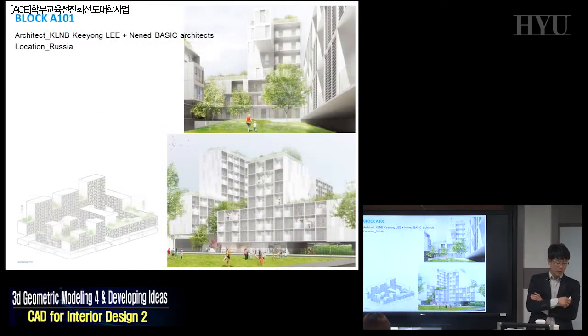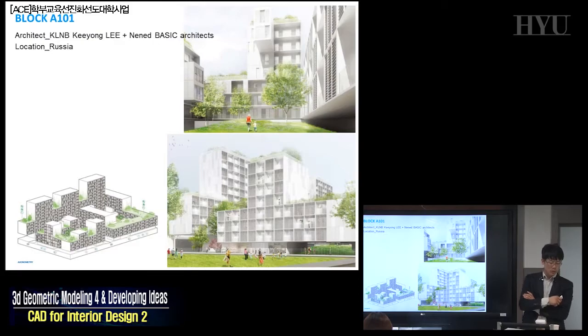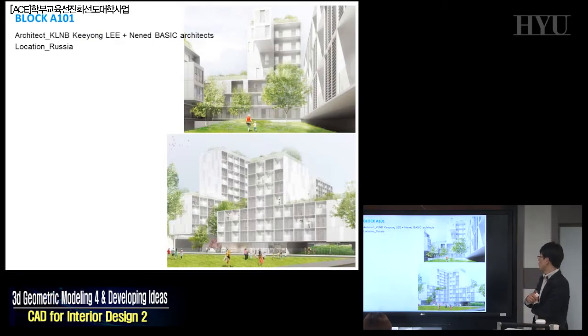Next one is named Block A101. When we see this kind of blocked structure, we can see the building's skin, the building facade, combined from a number of rectangle shapes. But it's not easy to figure out the building mass because this is one single snapshot from a specific point.